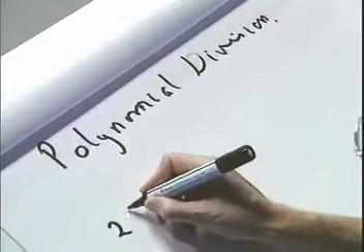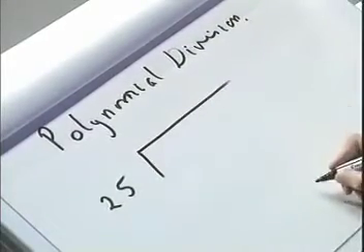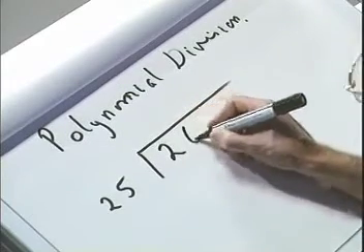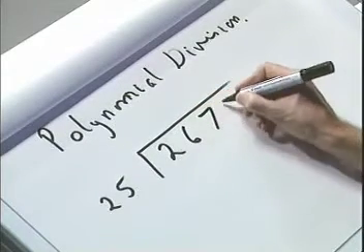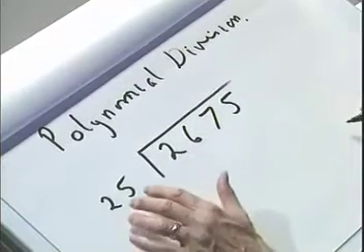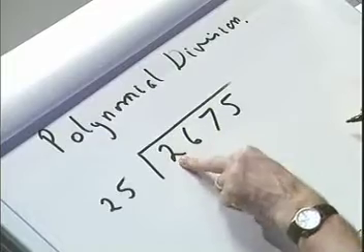So let's have a look at a long division sum. Supposing I want to divide 25 into, let's say, 2,675. What I would have to do is look at 25 into 2, no way.